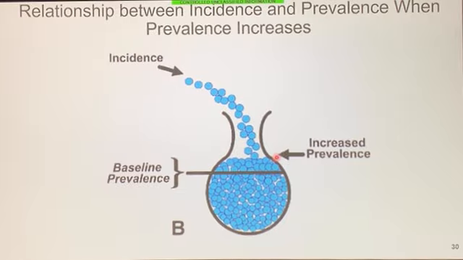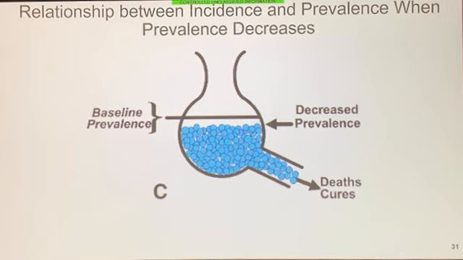So you start with a baseline prevalence, and as more incident cases occur and people are not being cured or dying off, your prevalence will increase. If people are cured or they're dying, prevalence can decrease, and it depends on whatever disease it is.